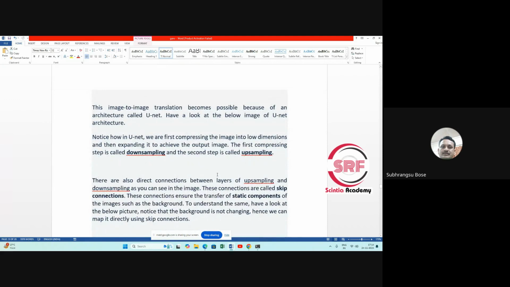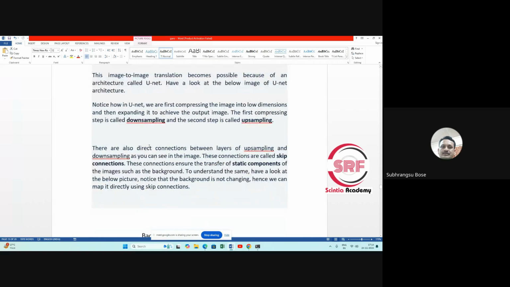Downsampling means width and height are reduced, and upsampling means width and height are increased. But in the first case, channels are increased in downsampling, and for upsampling, channels are decreased to 1 or 2.